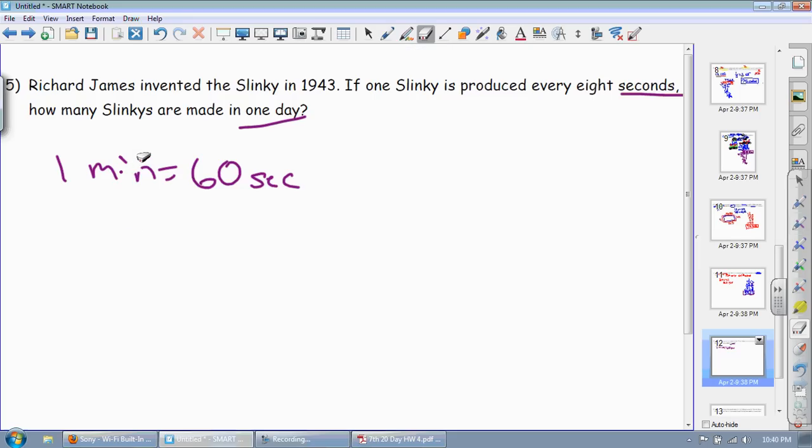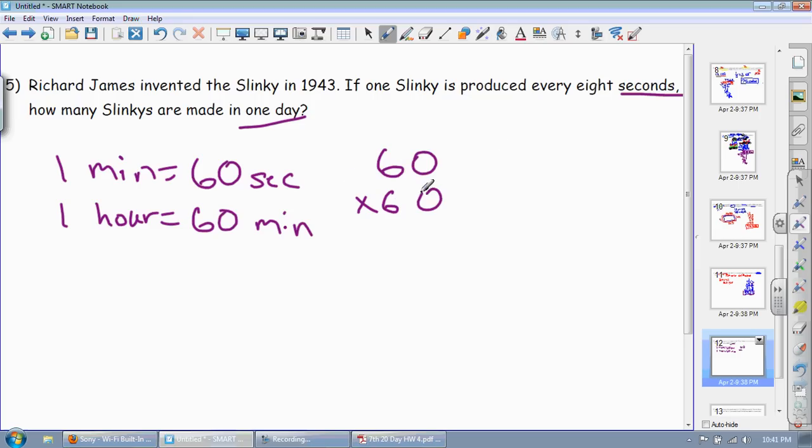If there's 1 minute and 60 seconds, then 1 hour is 60 minutes. So if there's 60 seconds in every minute and 60 minutes in every hour, to find the number of seconds in 1 hour, we would have to do 60 times 60, which would give us 3,600, and that is seconds per hour.